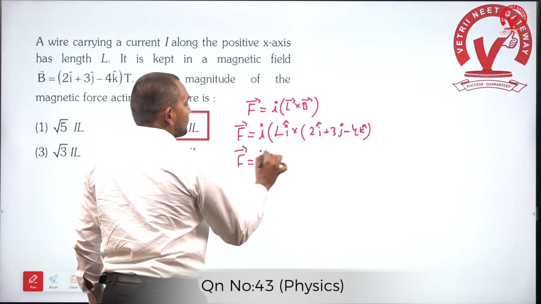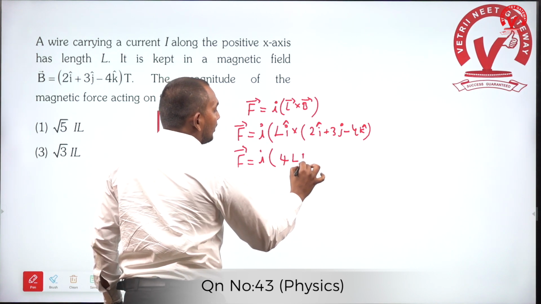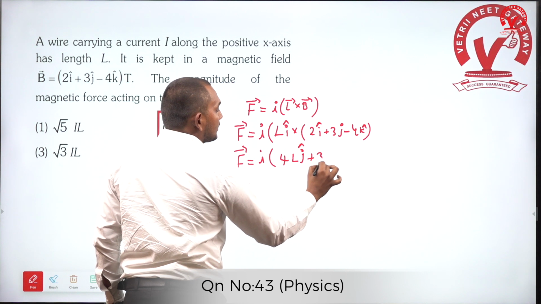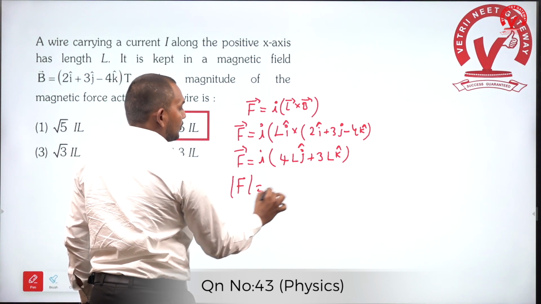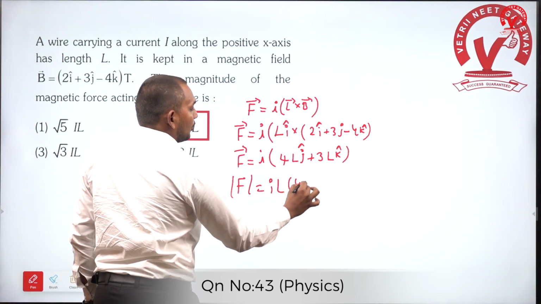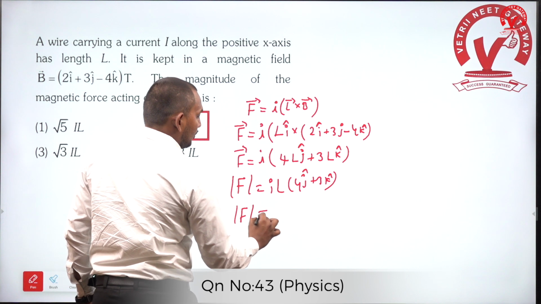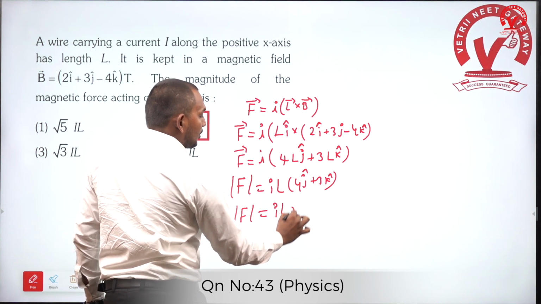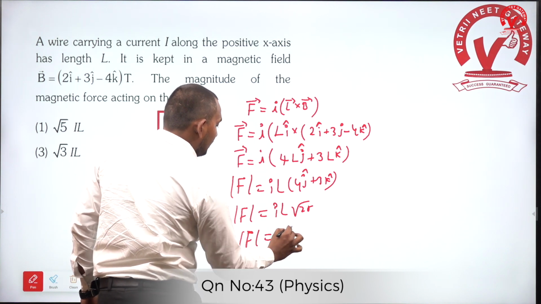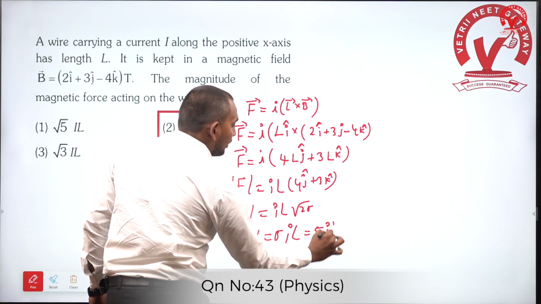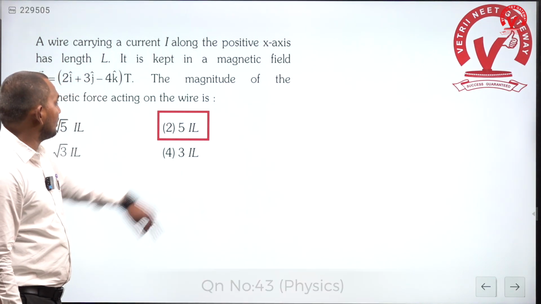So do the cross product, then it is 4L J cap plus 3L K cap. Find out the magnitude, take L as common, IL into 4 J plus 3 K cap. So F bar is equal to IL into square root of 25, which means F bar is equal to 5IL. So its option is 2. Correct option is 2. We will go for next one.